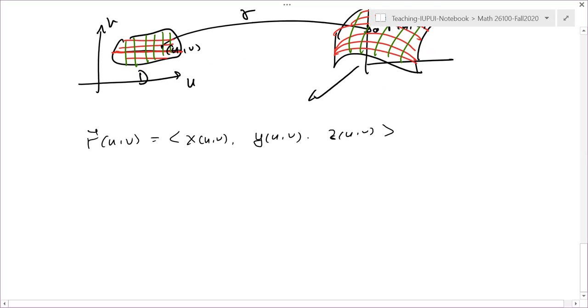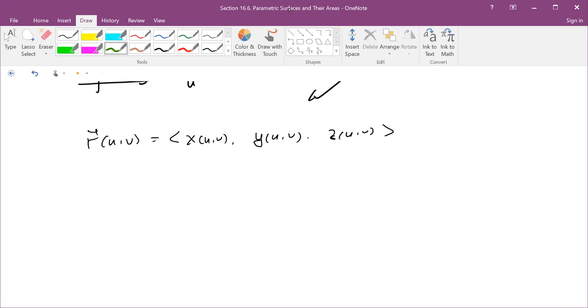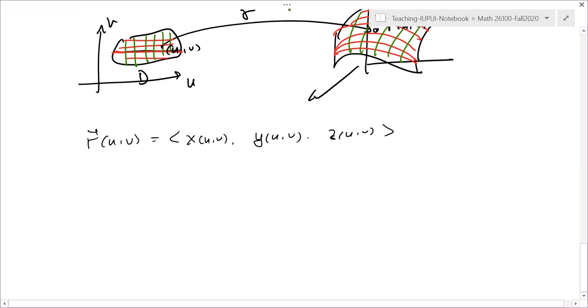So let's do another problem. This uv is a general variable. It can be r theta, theta, or xy.